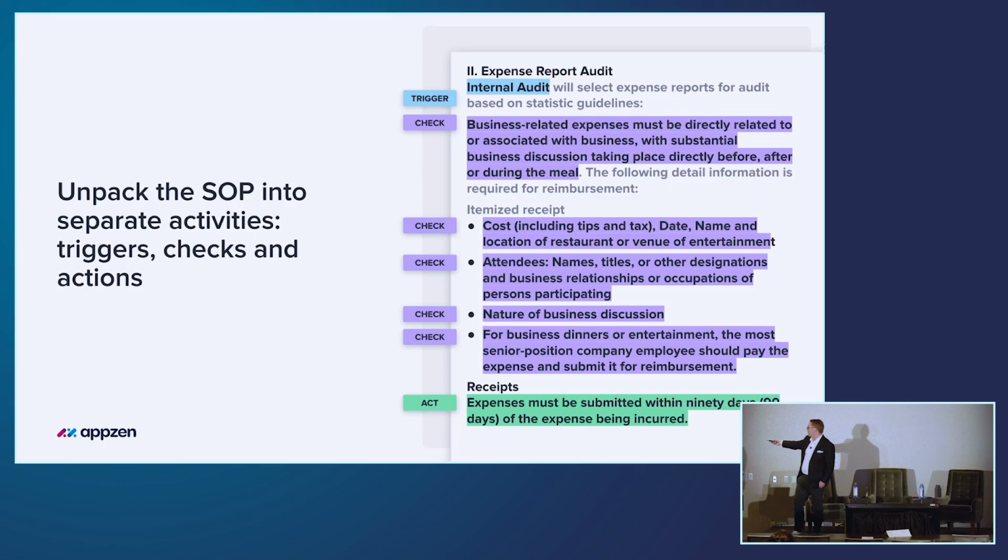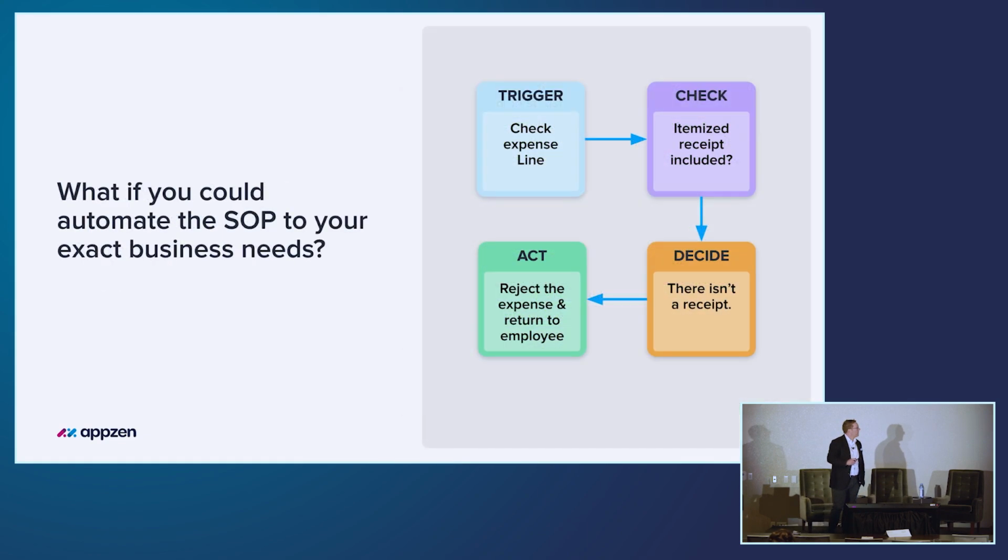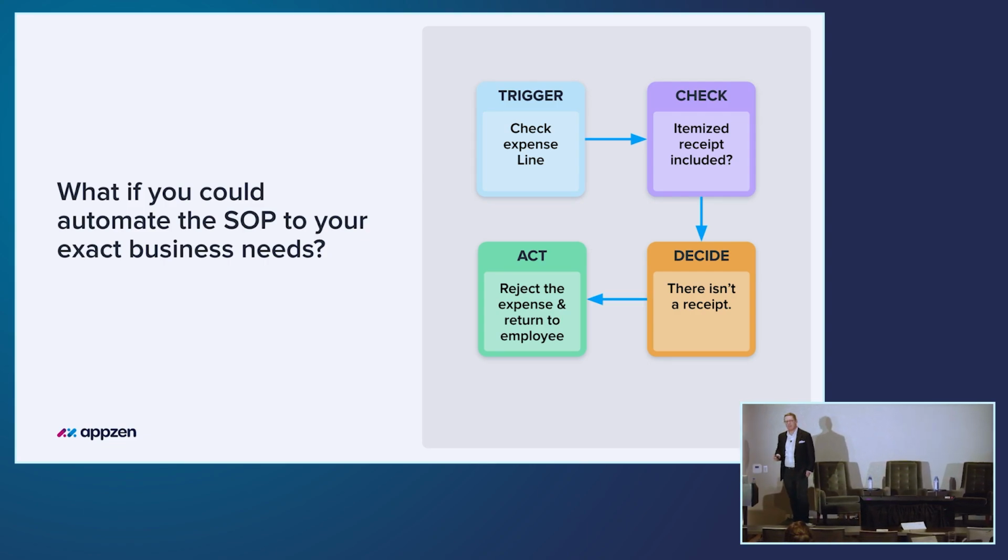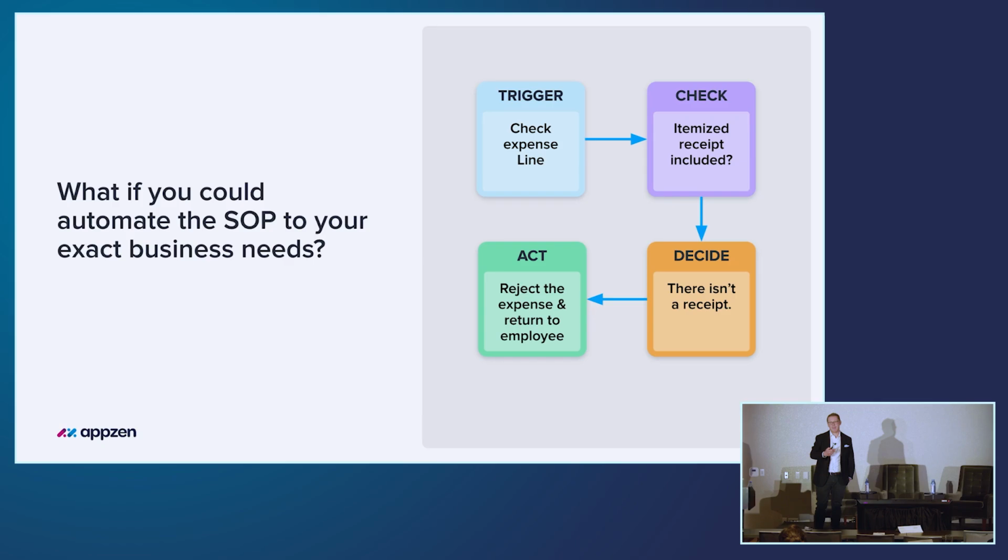Well, we need to check the following, and then based off that, we need to act, we need to do something. If I pack that down some more, you have a trigger, check, decide, and act. Therefore, how much can we look at that SOP document and think about how we embed that into AppZen for further automation?